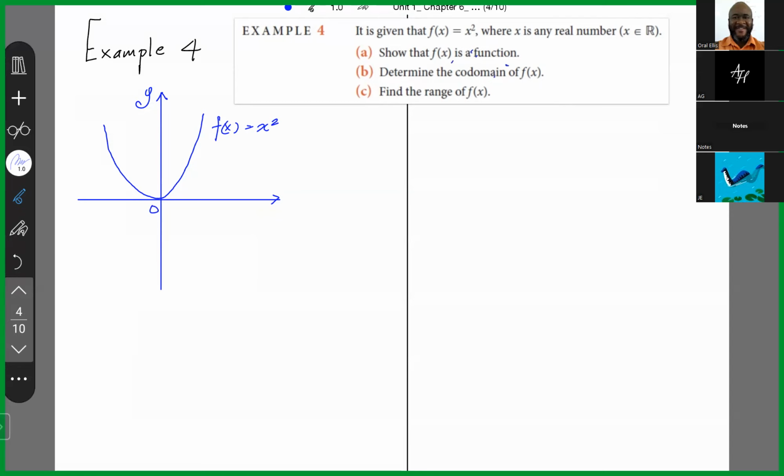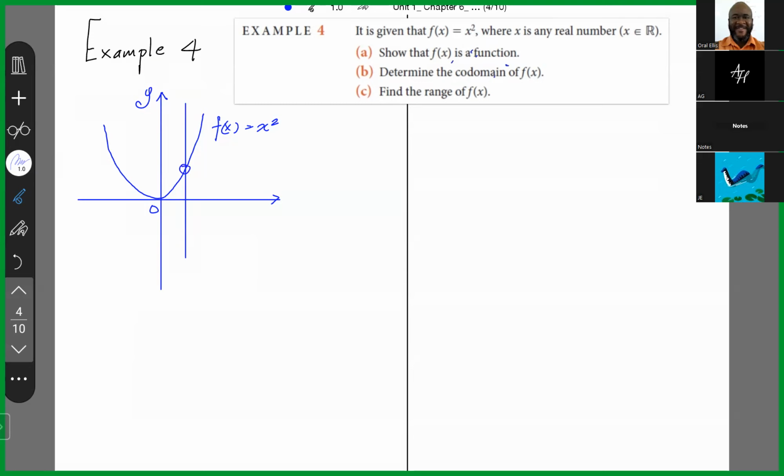Now, in order for you to answer the question, we're asked to show that the graph is a function. And remember, what I said to you earlier is that in order for you to show that the graph is a function, you need to do a vertical line test. So I can draw a vertical line through the graph. You'll see that the vertical line that I just drew cuts the graph only what?